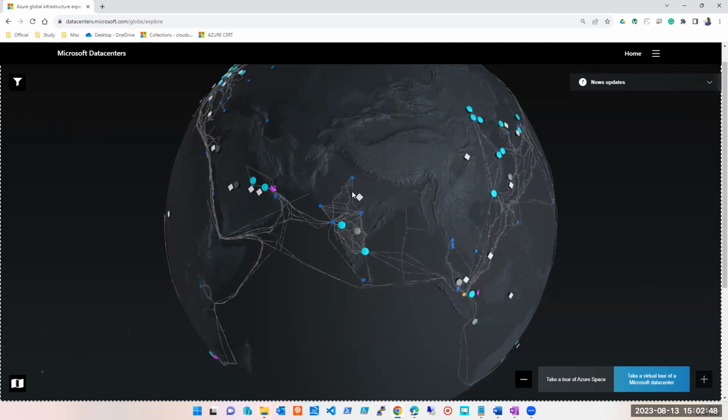Now, whenever they say a region, it means that in that region they have their data center. Now I'm sure all of you know what a data center is, right? I don't have to explain again. This is the reason I explained what a data center is in the initial sessions. Anyone who has doubt, what is a data center?